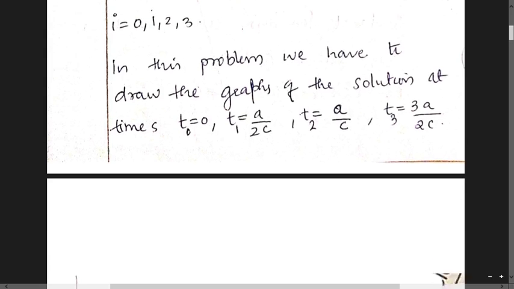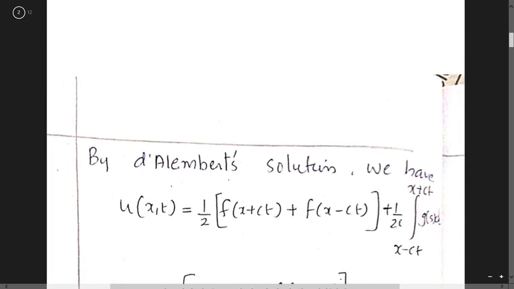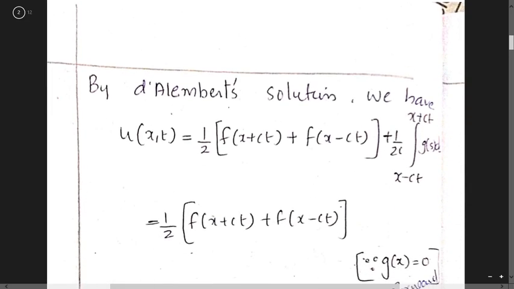For that we have D'Alembert's solution: u(x,t) = 1/2 [f(x+ct) + f(x-ct)] + 1/2c times the integral from x-ct to x+ct of g(s) ds.